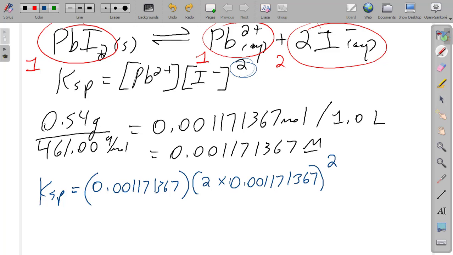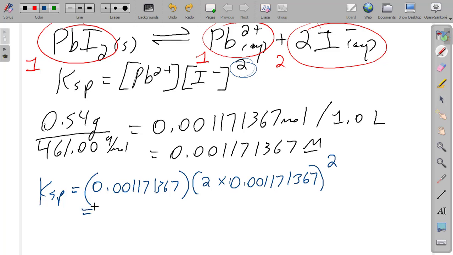And had this been a sub 3, then you would have to multiply it by 3 and cube it as well. So whatever the subscript is, that's going to end up being both multiplicative as well as raised to its exponent for that species. Very, very important to remember to do so.